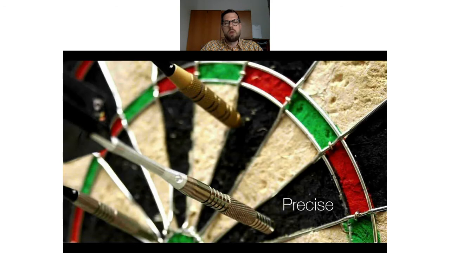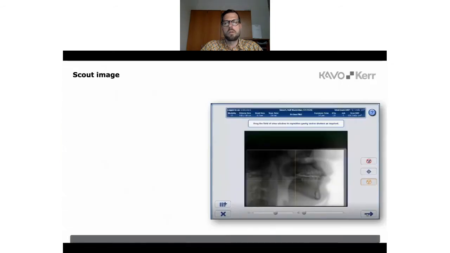So one more time, how can you be precise in CBCT? It is nice when your unit has something like the scout image. A scout image means you are taking a picture before you take the CBCT.